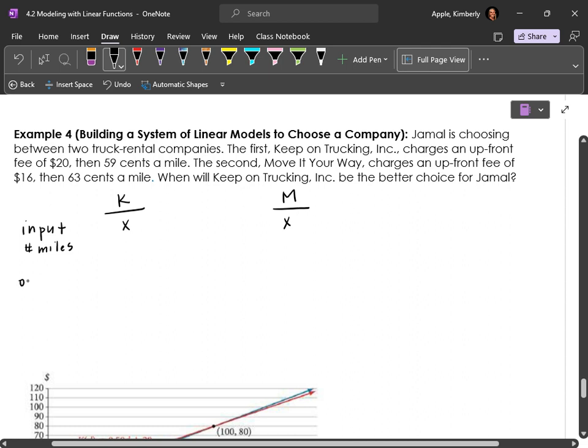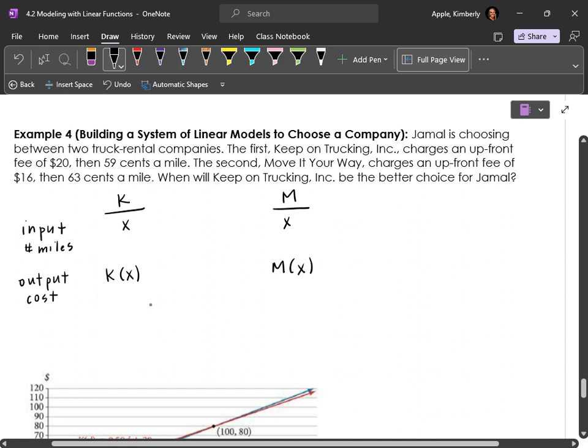And according to the number of miles, we're going to have some output, right? Which is the cost. And here we'll call this K of X, so we can keep track that this is Keep On Trucking, and we'll call this one M of X, so we know that this is Move It Your Way.